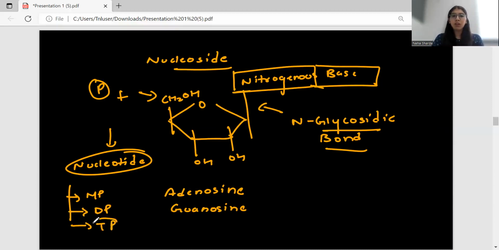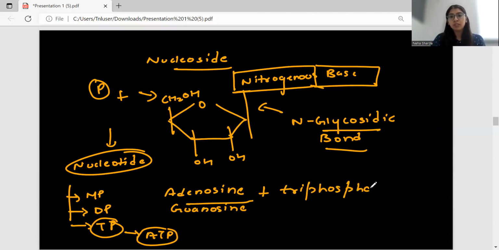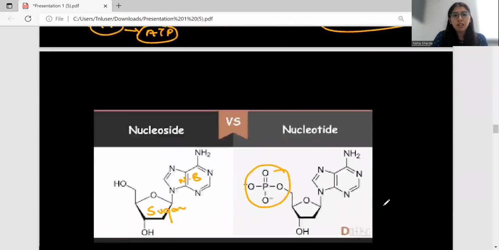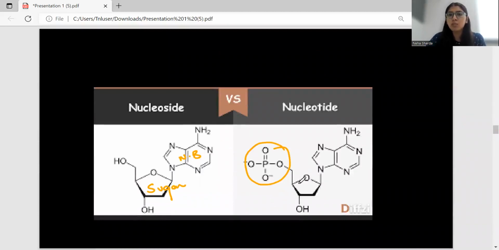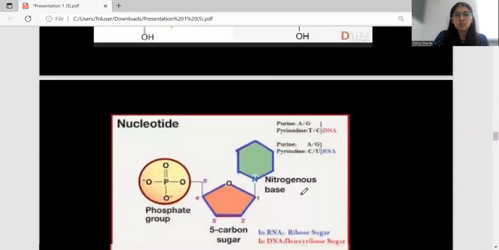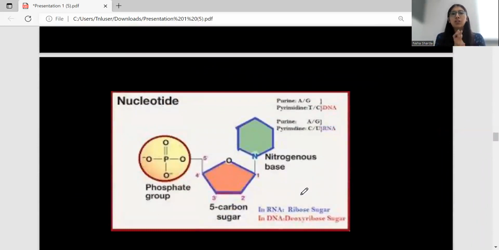One example of triphosphate is ATP, adenosine triphosphate. When phosphates are attached with the nucleoside, it will form adenosine triphosphate, which is a nucleotide. And the bond is phosphoester bond. So here is our nucleotide, a nitrogenous base.